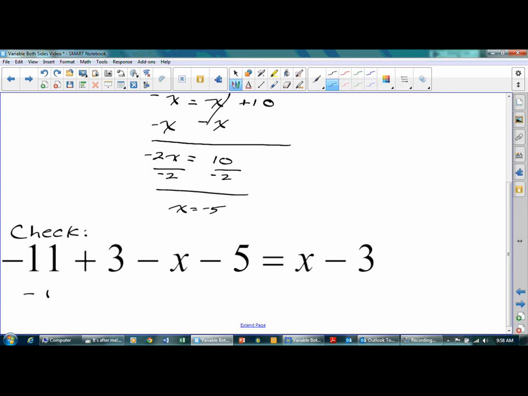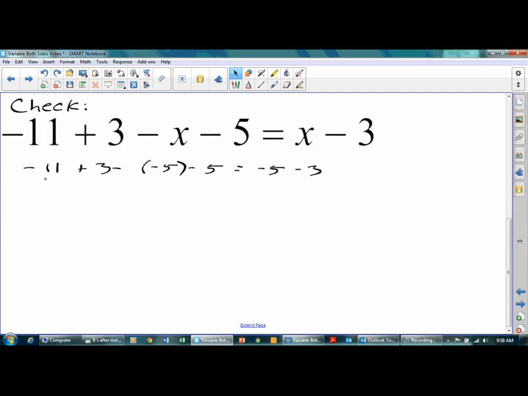So, negative 11 plus 3 minus negative 5 minus 5 equals negative 5 minus 3. Well, that's negative 8 minus negative 5 minus 5. Negative 5 minus 3 is negative 8.